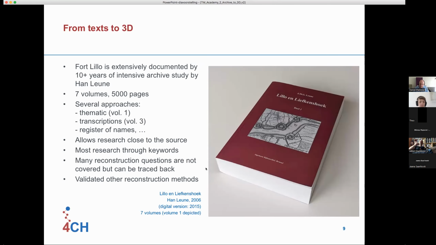And validate, in fact, if our hypotheses are correct or not by the texts themselves. So this again shows the importance of textual information in virtual reconstructions. Most people don't think that way, but in practice, it is that way.